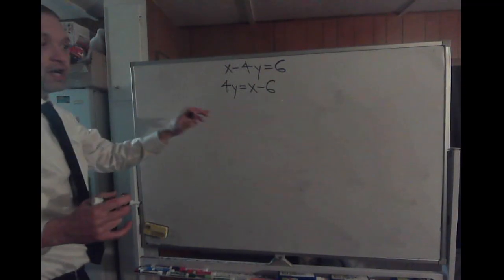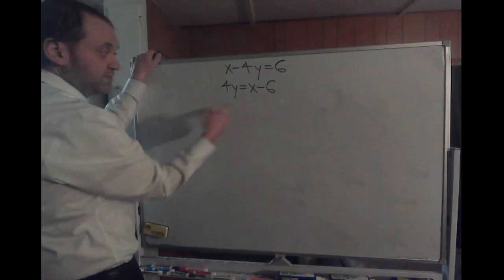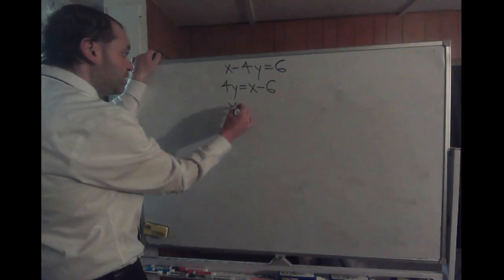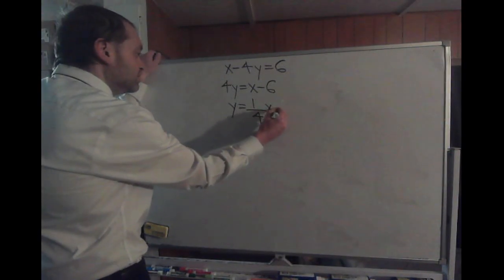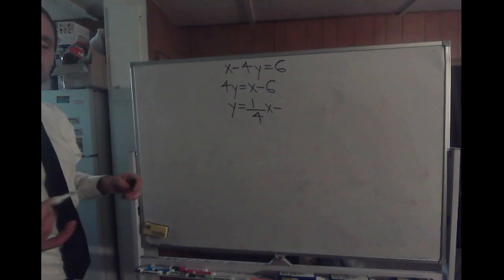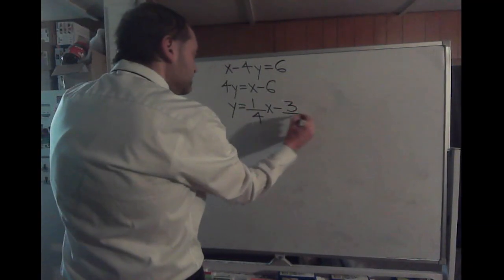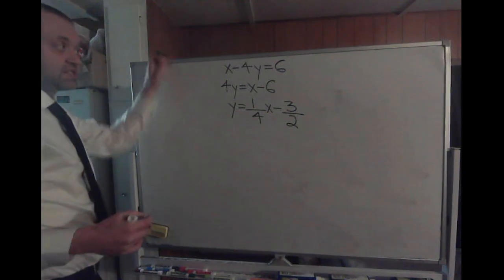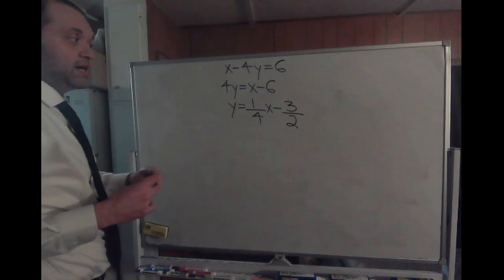We're almost there, but we need to get the coefficient of the y term to be 1. Divide everything by 4, and you would get y equals 1/4 x minus 6 over 4. 6 over 4 is going to be 3/2. So really, it would be in slope-intercept form, y equals 1/4 x minus 3/2.